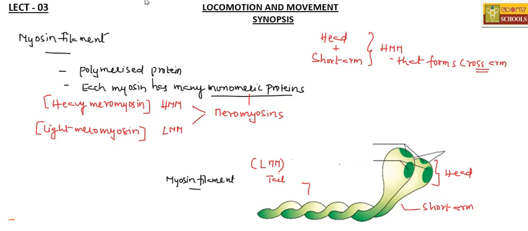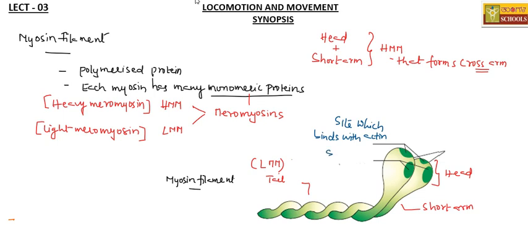Now the head has two important sites. One is a site for binding with actin, which binds with the actin filament. The other is the location where ATP binds.